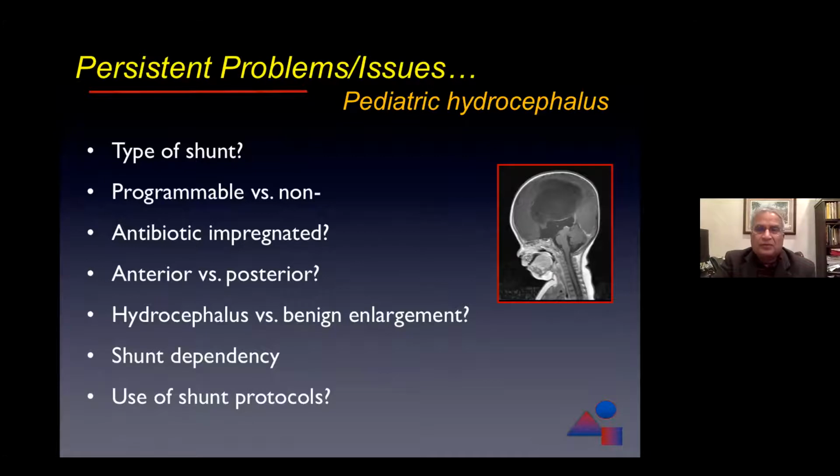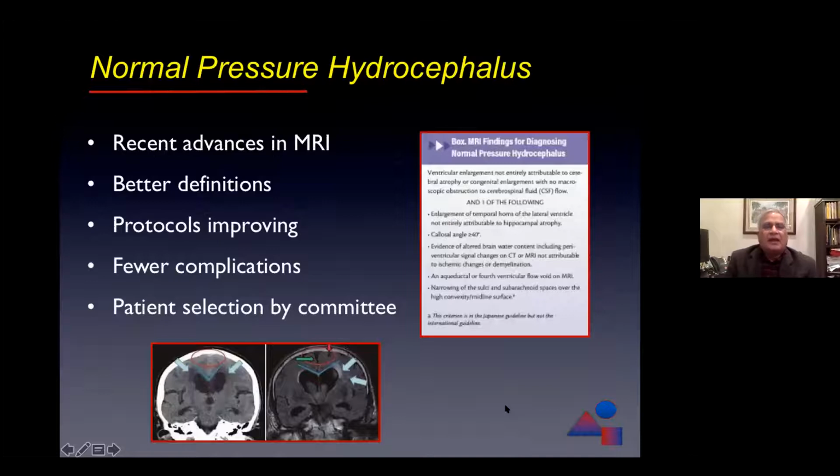Unified shunt protocols developed by the Pediatric Research Network out of Seattle have been very beneficial. For NPH, we have tremendous improvements in MRI technology, and they're able to give us better definitions of who needs a shunt and who doesn't.